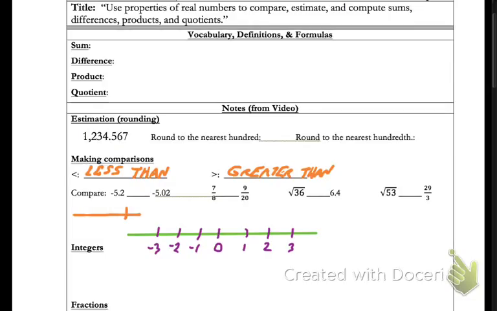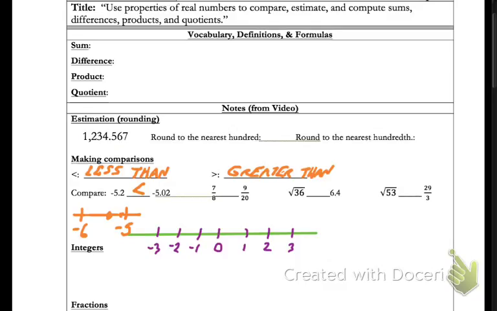Here's negative 5, and here's negative 6. So negative 5.2 would be right about there, and negative 5.02 would be just a little bit over. And so because of that, we can say that negative 5.2 is less than negative 5.02. So that's how we can compare two negative numbers.